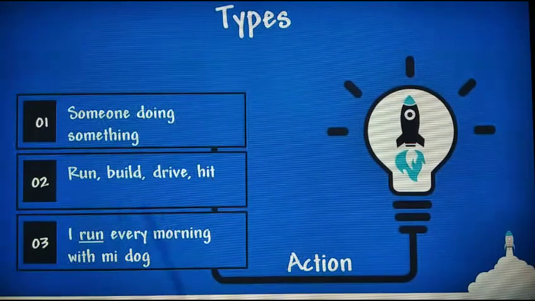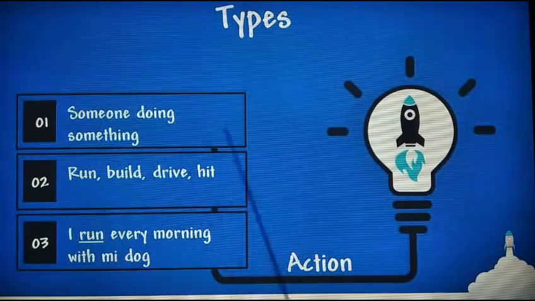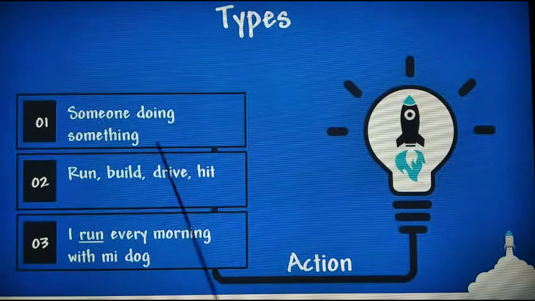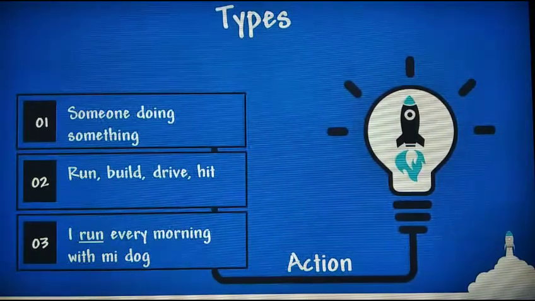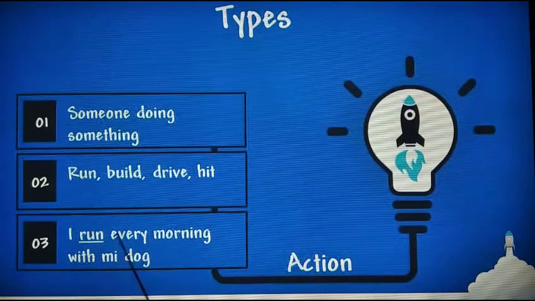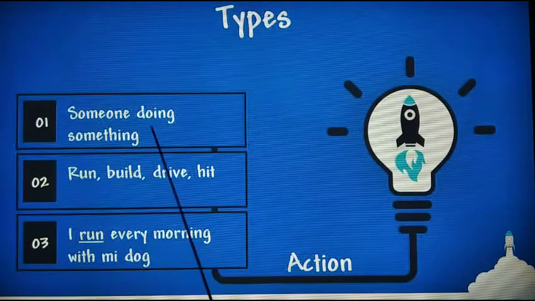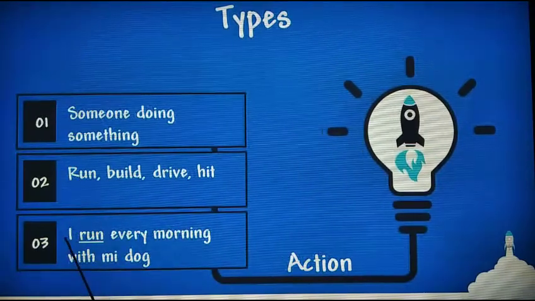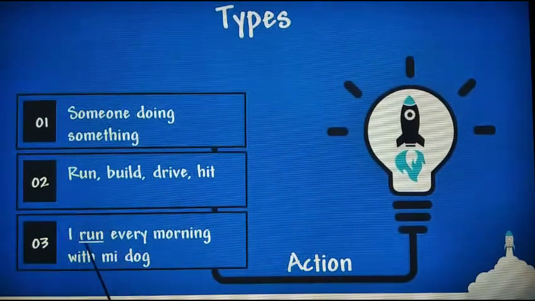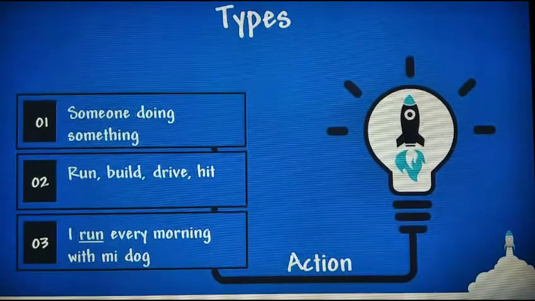These are all actions that a subject or a noun can do. For example, I run every morning with my dog. We can see run because we can see a subject, I, doing something, in this case, running.